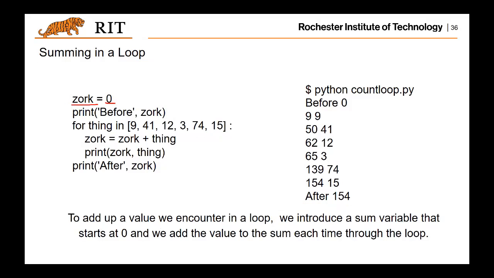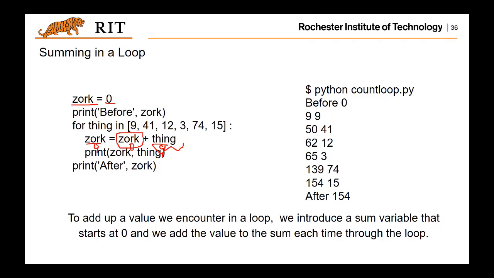Then loop through the array, and in each iteration, you just add the current element to this variable. Because at the very beginning this variable is 0, in the first iteration, this is 0 and this is 9, and this becomes 9.